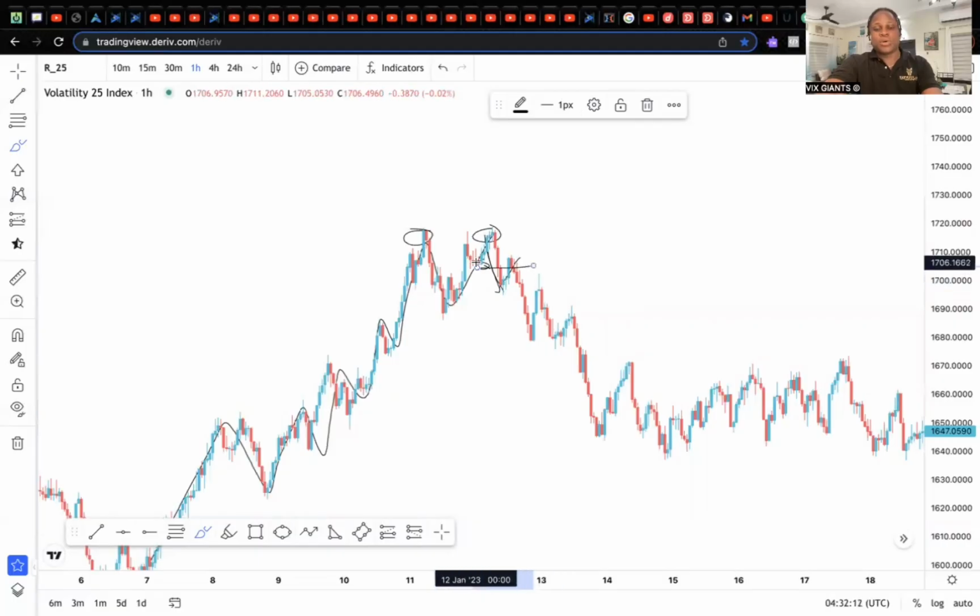retest. So we break market structure, we take out a higher low point, the market pushes down, creating a low, the market pulls back to the level to retest, creating a lower high, we push down, lower low, the market pulls back, lower high, equal low, lower high, push down, lower low, lower high, and a new trend, you know.